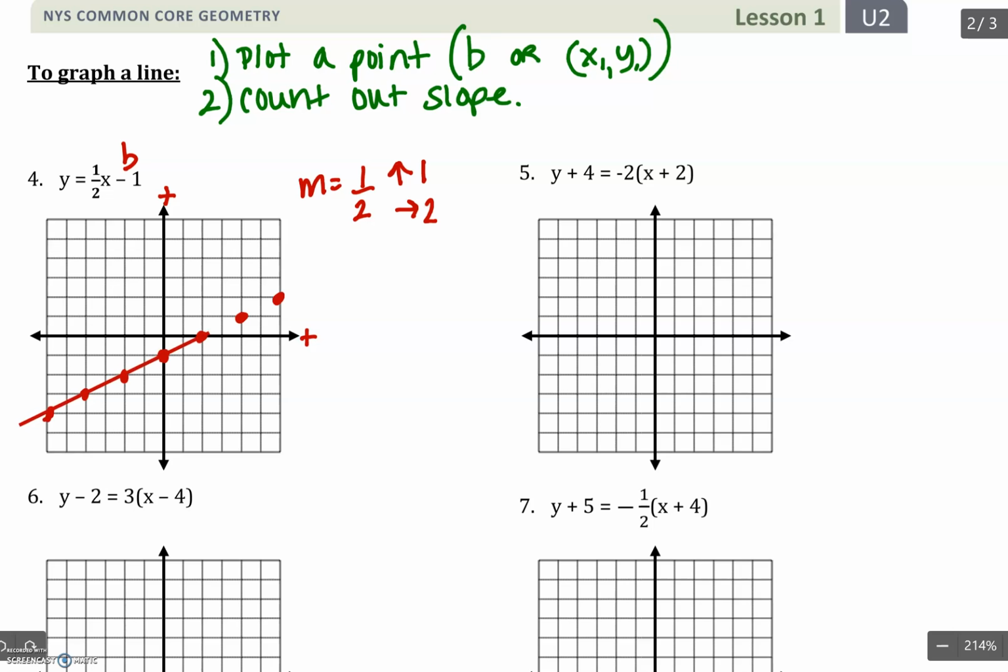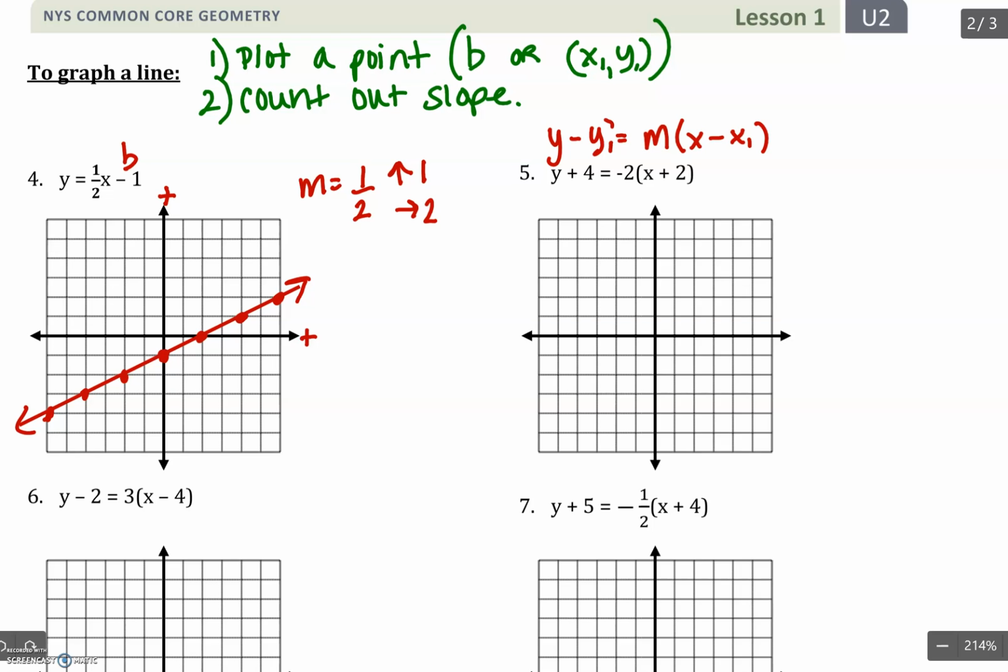When you are doing point slope form, you could basically count everything the same way. You just start in a point that's not the y-intercept. So remember that it's y minus y1 equals your slope, and then x minus x1.